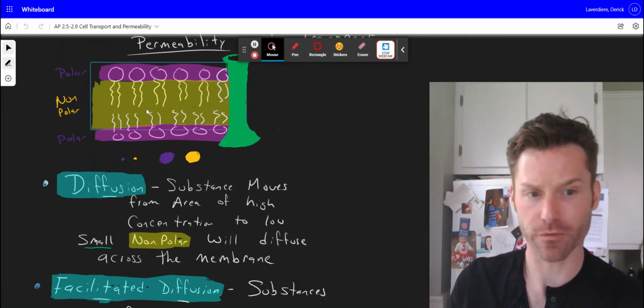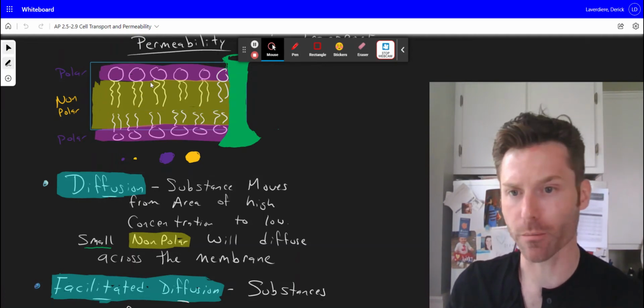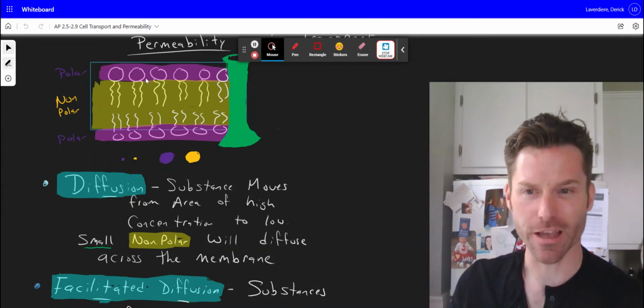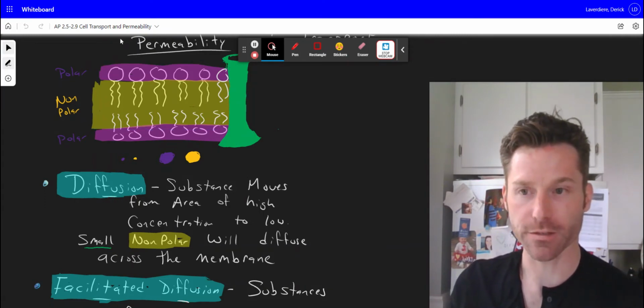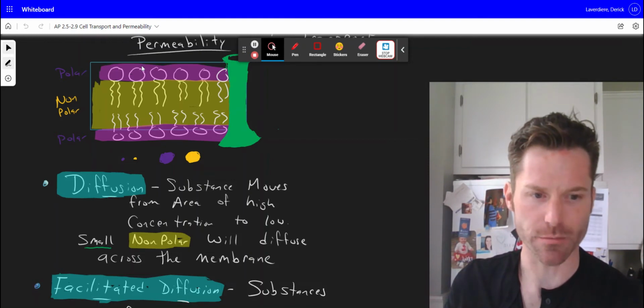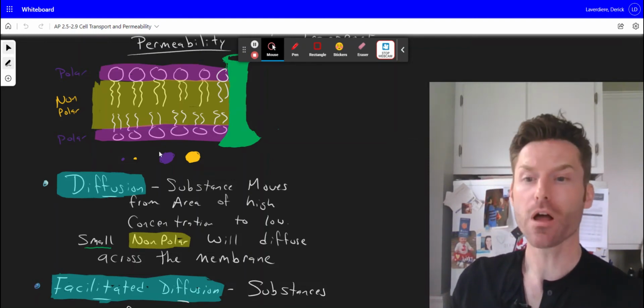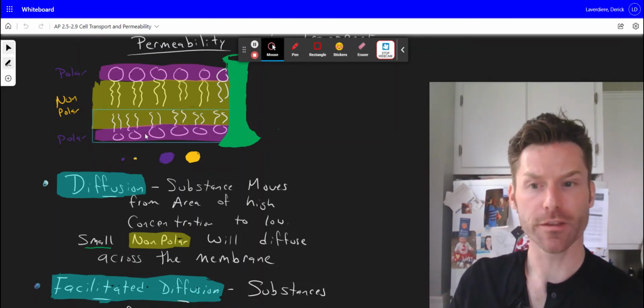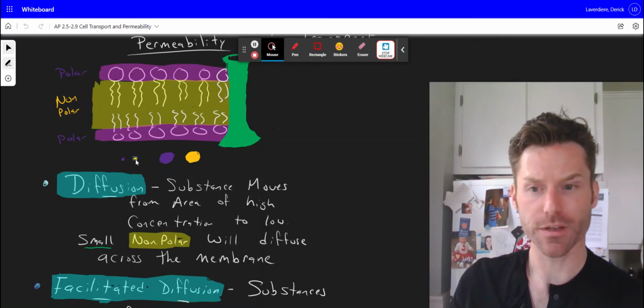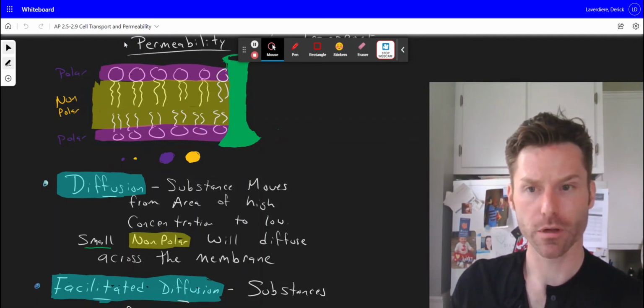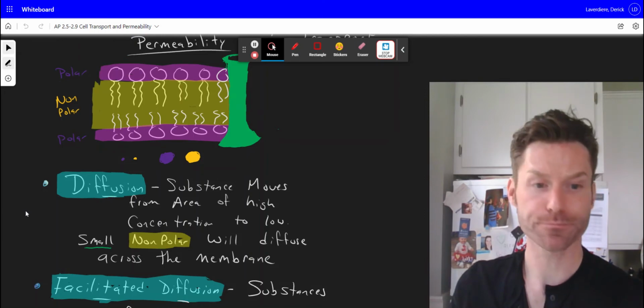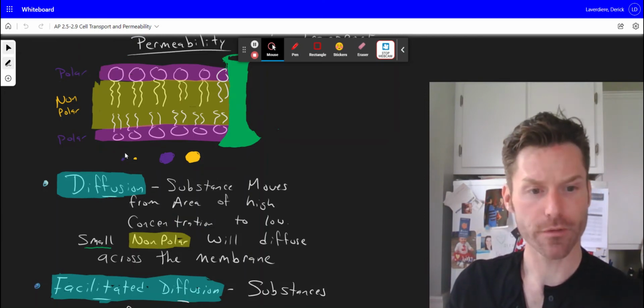And so it's floating up, floating up, and then it gets to this purple area, and it's like, boop, it gets through, okay? Because it's narrow enough that it doesn't matter. All right. As long as this molecule is smaller than the gaps between the phospholipids, it can just go right through. Say bye.